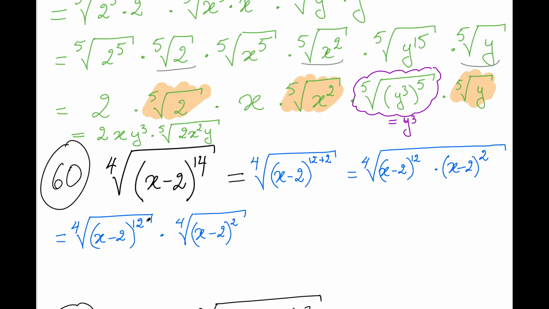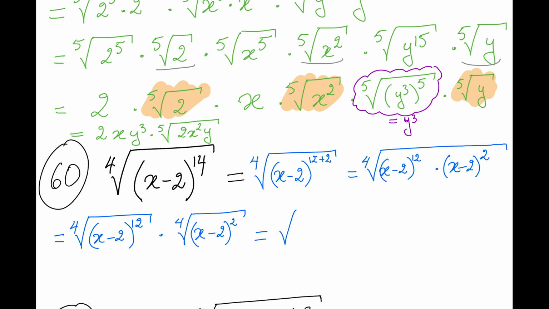This is not simplified, and obviously I'm going to have a divisor of (x minus 2) to the power 12 which is a perfect fourth power. And that thing is (x minus 2) to the power 4, right? Okay. Let's keep doing what we've been doing. If you see the answer, great. If not, stay with me.